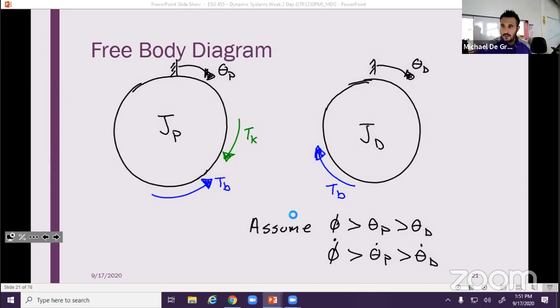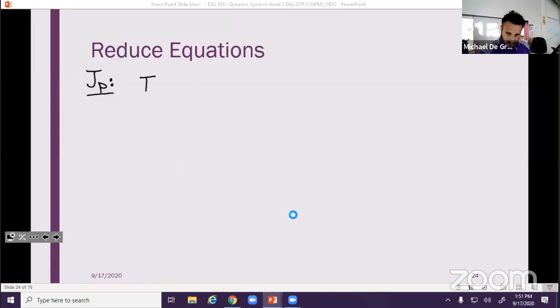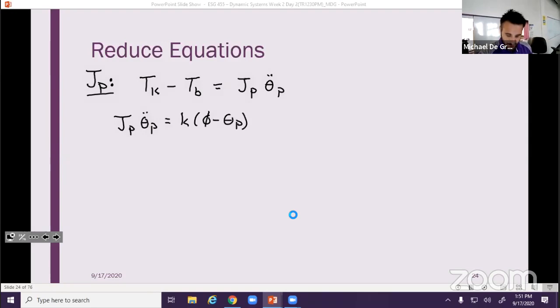So TK minus TC, or TB, whatever you like, is equal to JP theta double dot P. We can plug some things in now. I will move this over to this side because I like it to be there instead. That's going to be equal to K times phi minus theta P, minus B times theta dot P minus theta dot D. Okay.